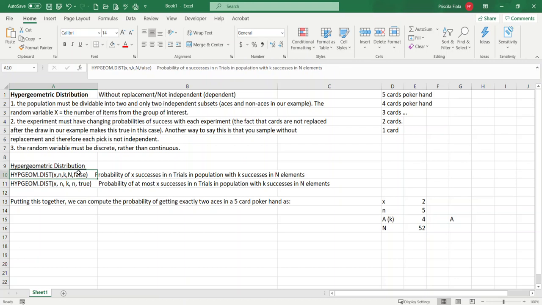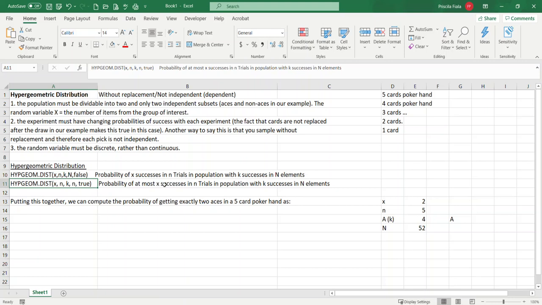What does it mean by false and what does it mean by true? False means you do not want a cumulative value. That means you want X exactly 2 cards, X exactly 4 cards, X exactly 10 cards. When you do the true, you're doing a cumulative value, which means you want to know at most X successes.